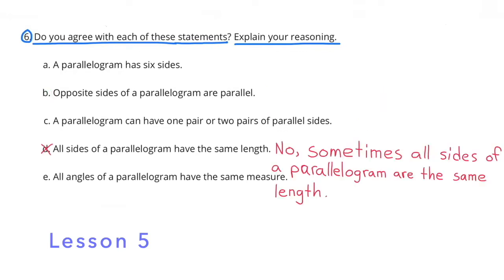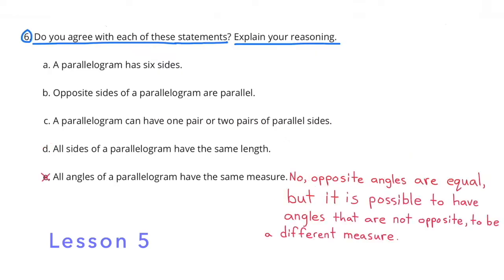No, because sometimes all sides of a parallelogram are the same length. E. All angles of a parallelogram have the same measure. No, because opposite angles are equal, but it is possible to have angles that are not opposite to be a different measure.